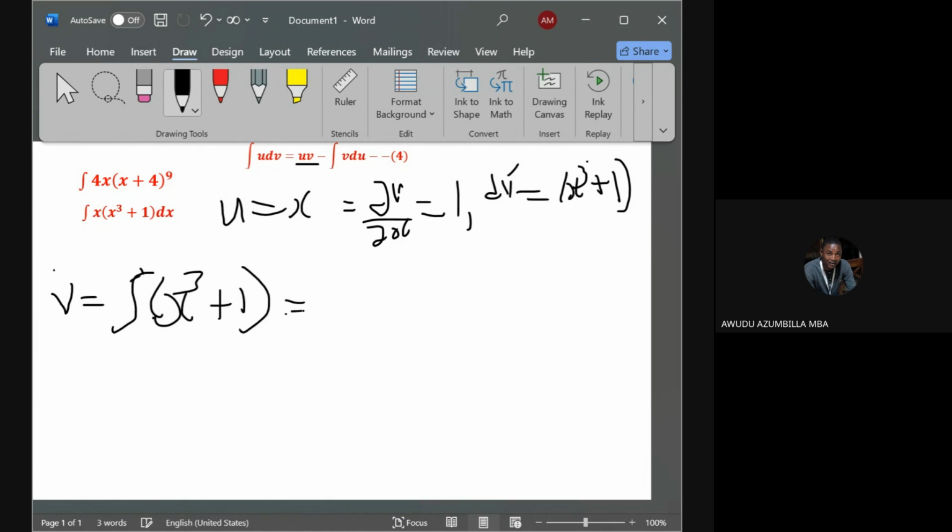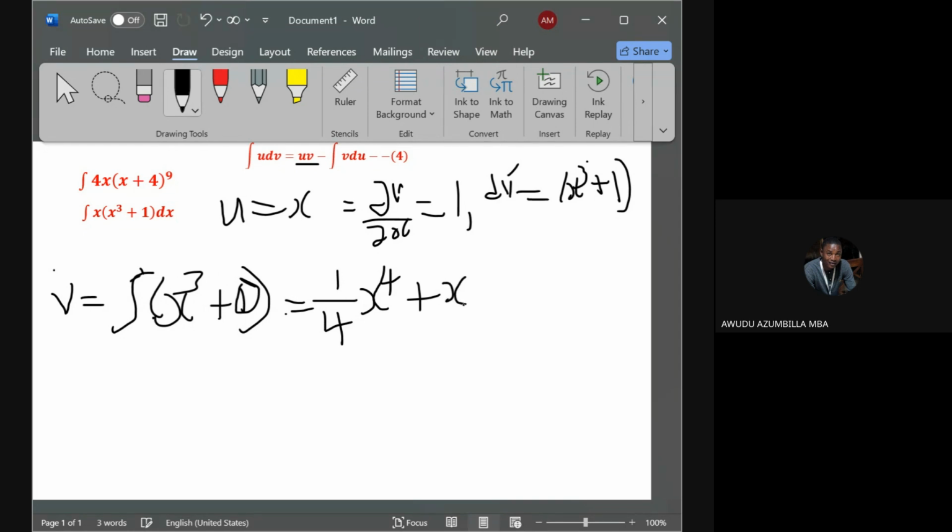So if you integrate this one, what are we going to get? We are going to get this one plus 1, divided by this. You are going to get 1 over 4. Then x, you add 1 to the power, you'll be getting 4 here. Then this one is going to turn into x.